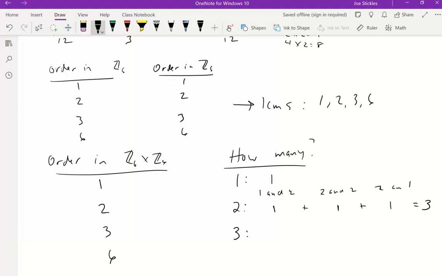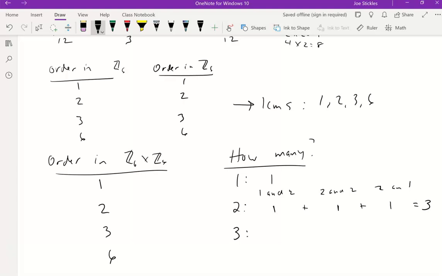Again, working with least common multiples, what has to get paired together to make an element of order 3? Or what can be paired together to get an element of order 3? Yep, 3 and 1, 1 and 3, 3 and 3, right? How many elements of order 3? No matter the cyclic group, how many elements of order 3? 2, right?